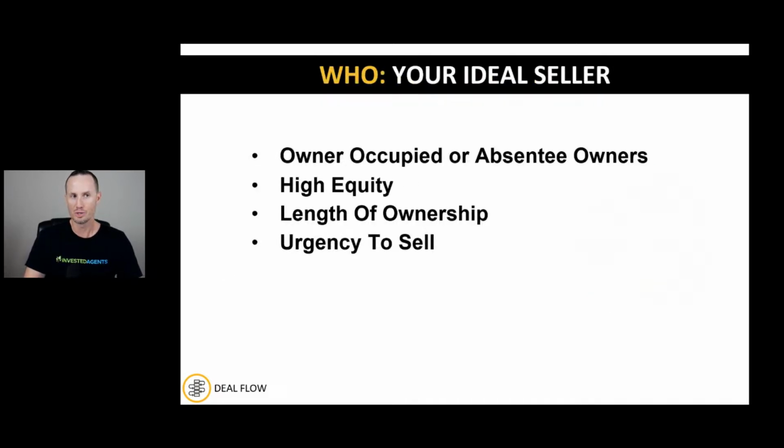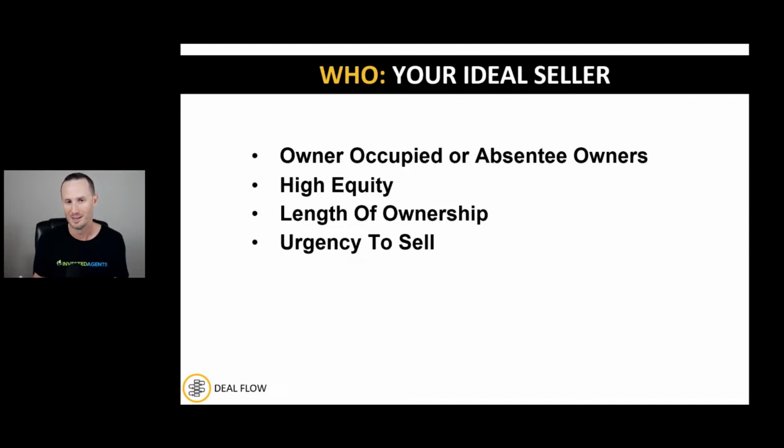Now, who is your seller? Or as far as who has the type of property that you're looking for. So we talked about what your target property is, your ideal property. Who has that property? In the case of single family homes, there's really two types of homeowners. They're either owner occupants or absentee owners.